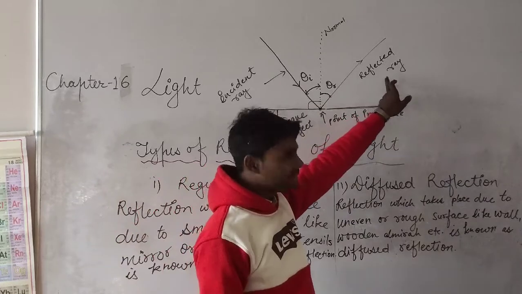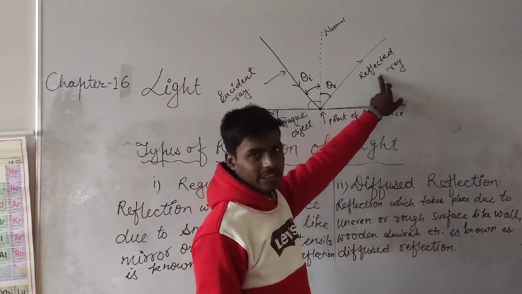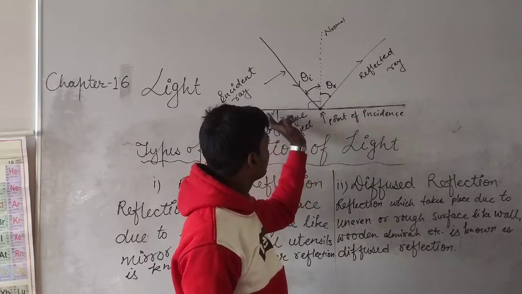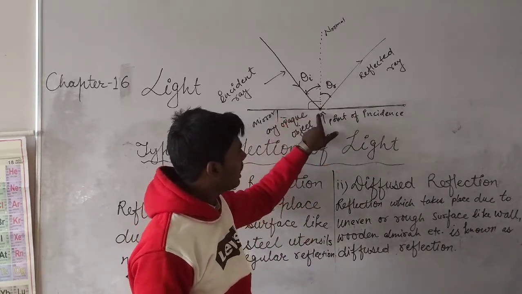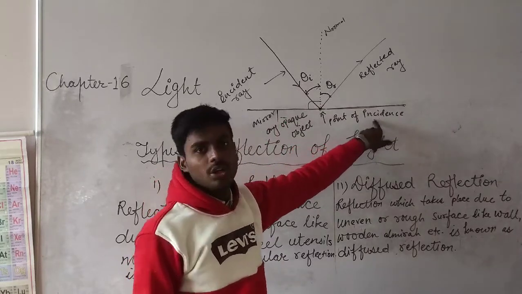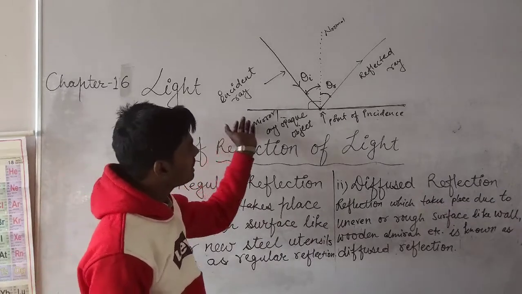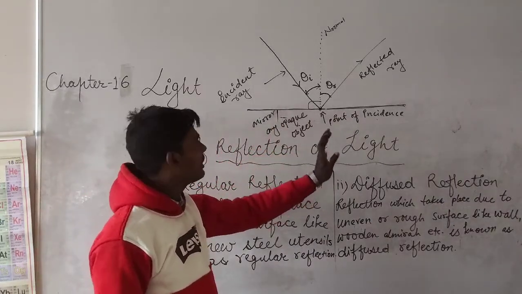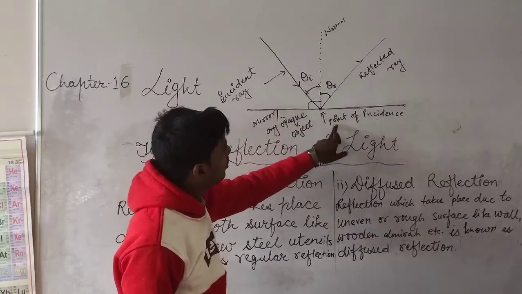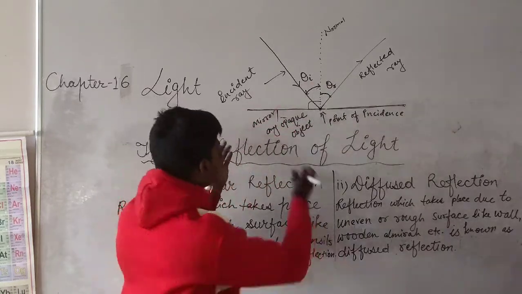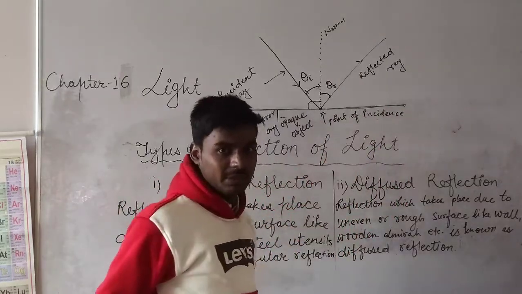The ray which is getting returned is the reflected ray, and the normal at 90 degrees from the plane and the point of incidence all lie in the same plane. Clear? Incident ray, reflected ray, normal, point of incidence, all are lying in the same plane, and this plane is our mirror plane.